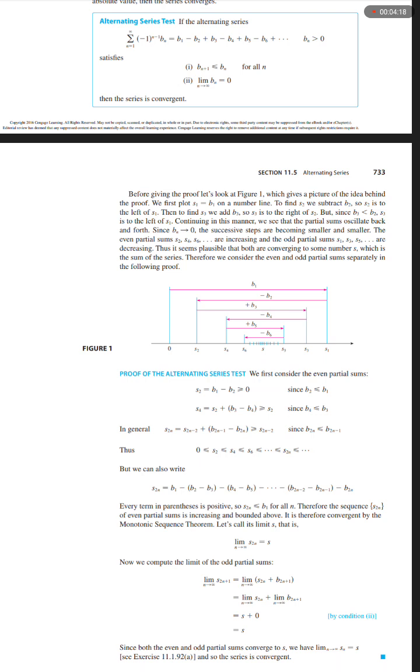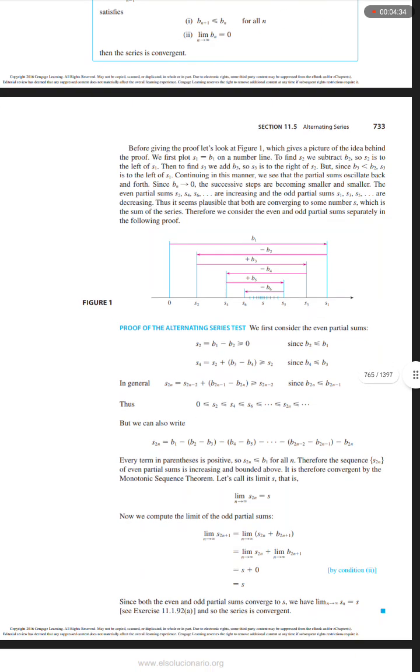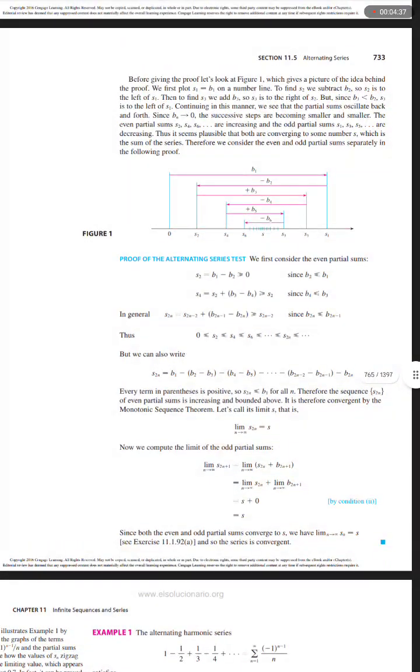Thus, it seems plausible that both are converging to some number s, which is the sum of the series. Therefore, we consider the even and odd partial sums separately in the following proof. See figure 1.